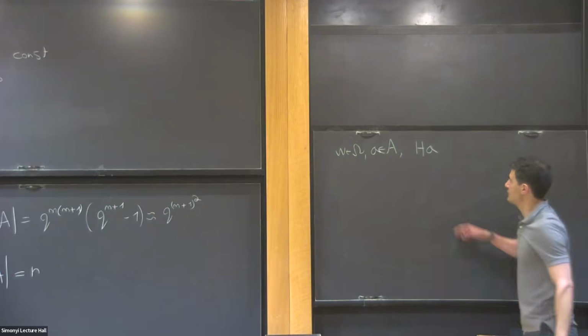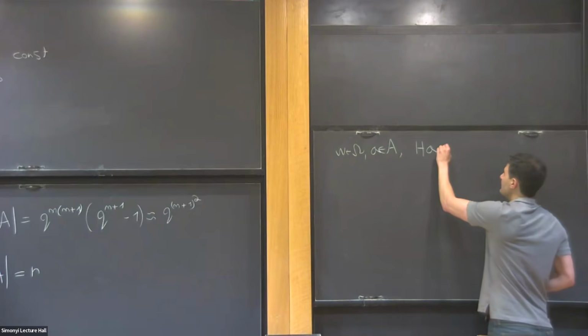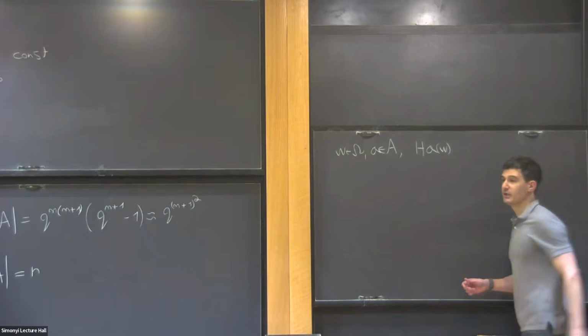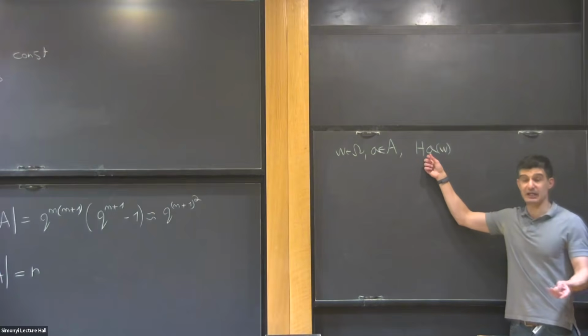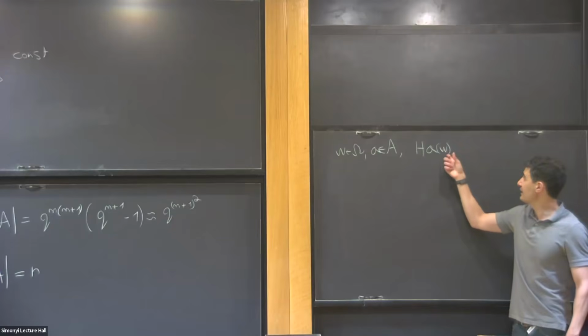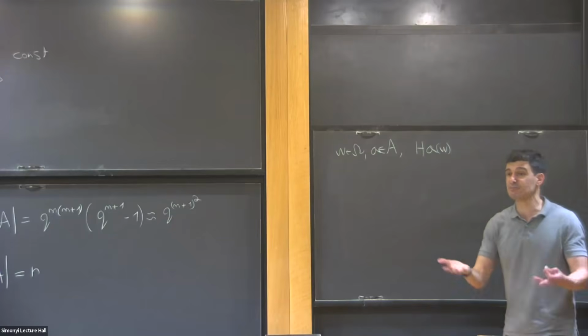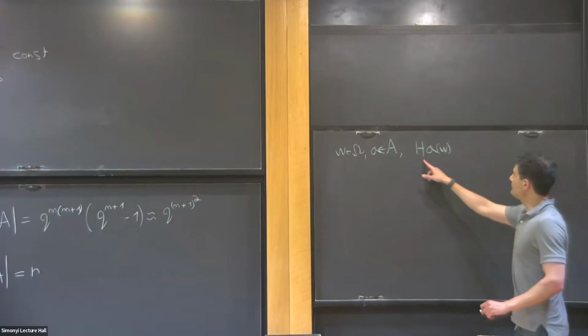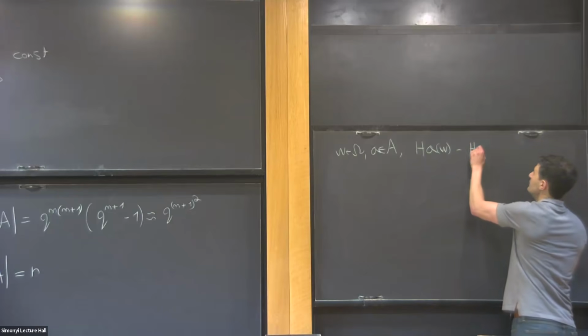This is the right coset of H acting on omega, so this is H times A. It's a set of affine transformations, a right coset of H acting on an element omega. This is a subset of capital omega, and this is an H orbit.